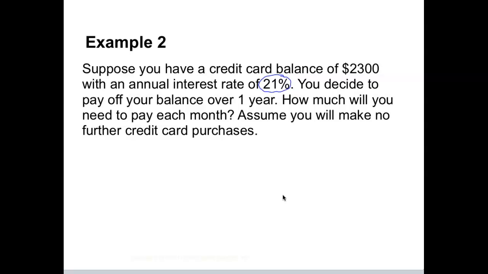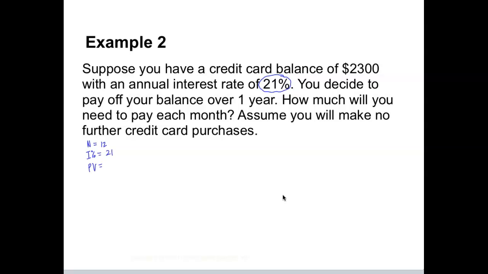All right. So we're going to go into our calculator. We're going to do this in TVM Solver. Remember when we use TVM Solver? On a quiz or a test, you need to notate what your inputs are. So in this case, N, the number of payments we're going to make, is 12. The interest rate is 21%.